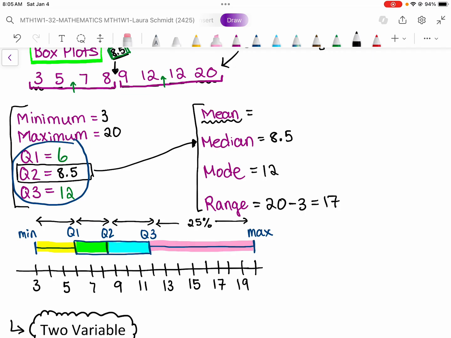And the mean, you just add up all these numbers and divide by how many numbers you have. So you would just do 3 plus 5 plus 7 plus 8 plus 9 plus 12 plus 12 plus 20. Once you do that, you divide by 1, 2, 3, 4, 5, 6, 7, 8. Do we have 8 numbers? Yeah. Divide by 8. And I don't have a calculator, so I'm actually not going to do that. Sorry. But that's what you would do.